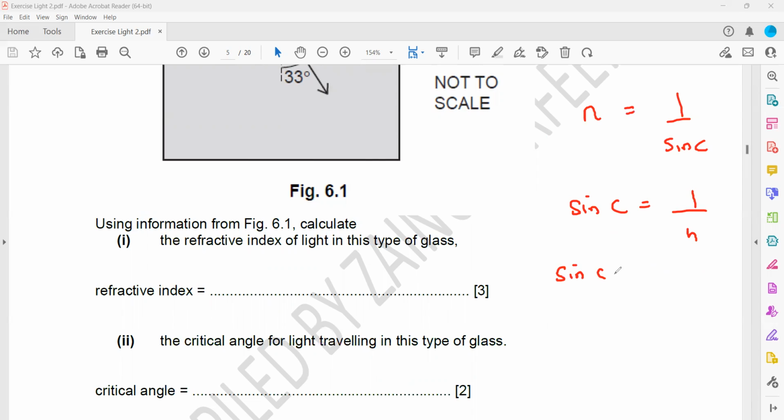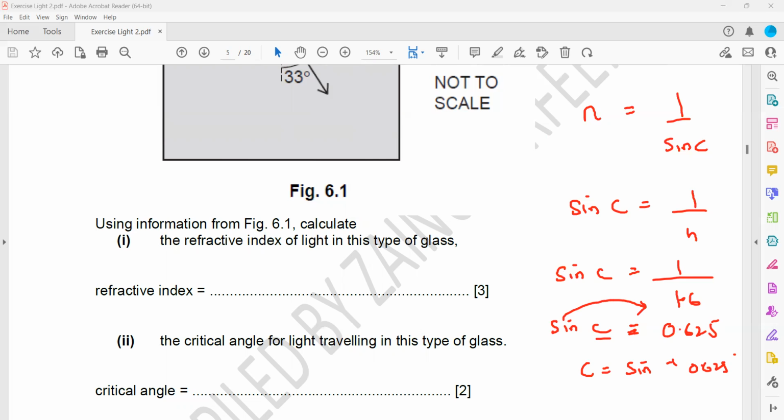So sine c equals 1 divided by 1.6. What's the answer? 0.625. But we need the critical angle, so the sine moves to the other side. So c equals sine inverse 0.625. What's the answer?